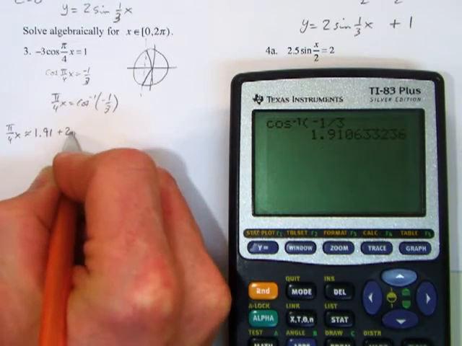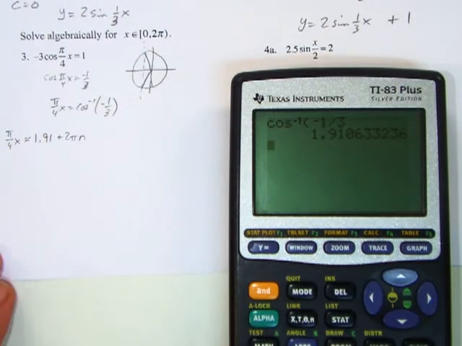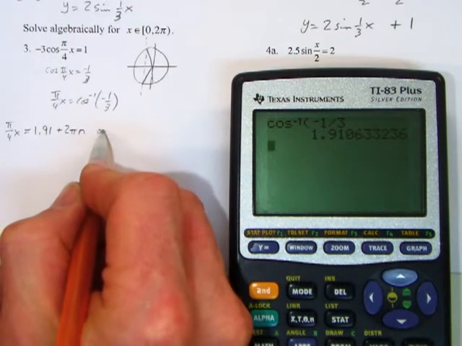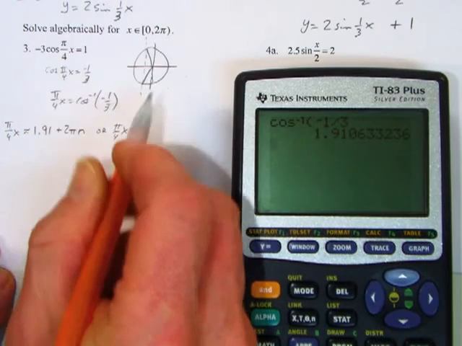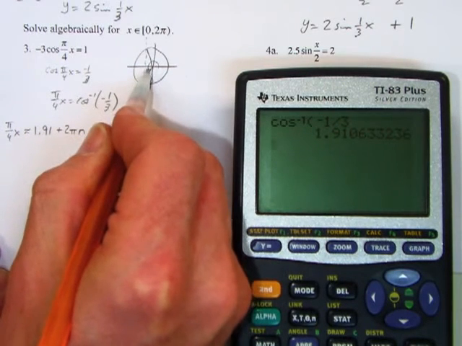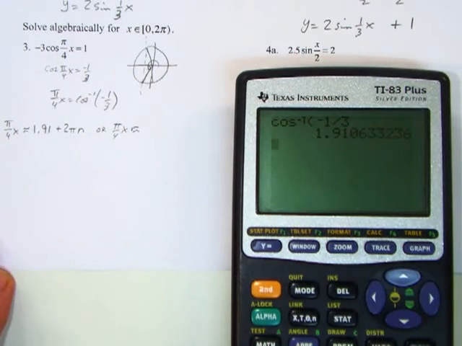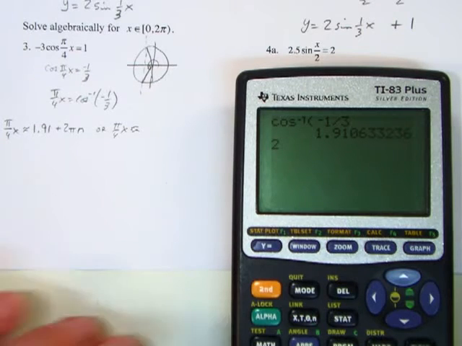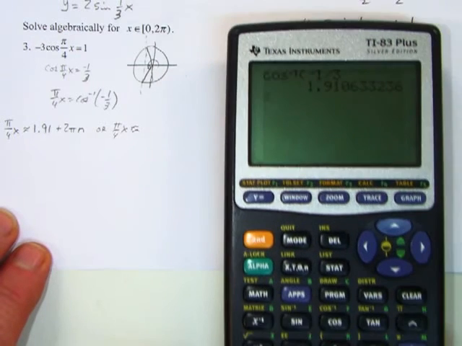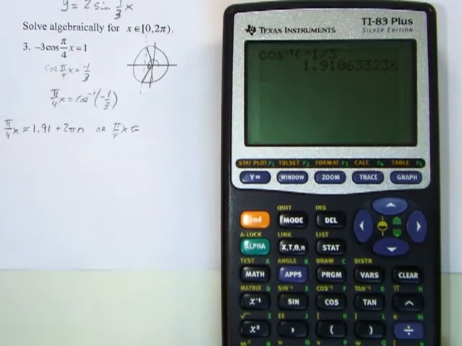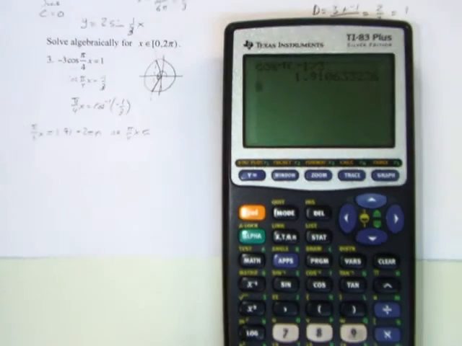And remember, just like the first one, the period's been changed, so we're going to say plus 2 pi n. Or pi over 4x is approximately equal to, we need to get this other angle. Do you remember how to get that? That's where we're going to say 2. Oh, but before I do this, I forgot, I need to show you how to, and I've used the memory before, but I need to show you this again.